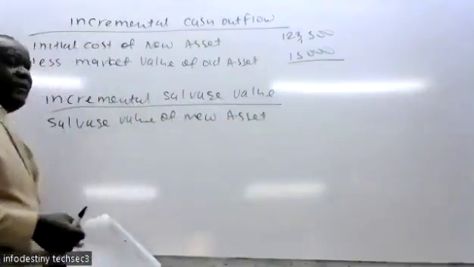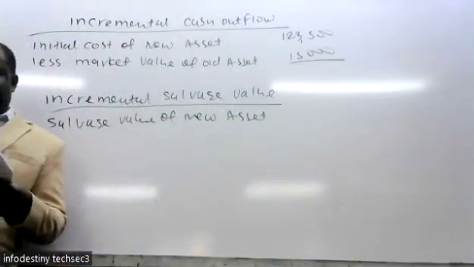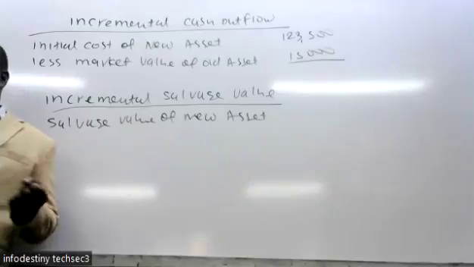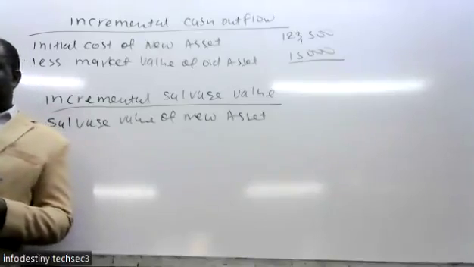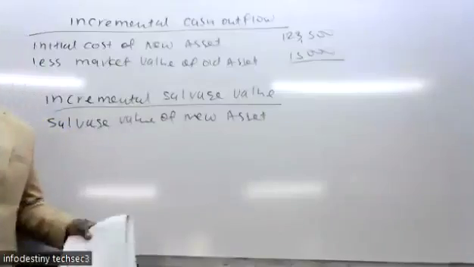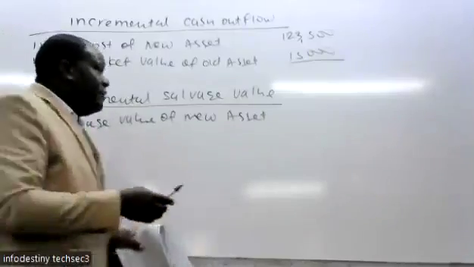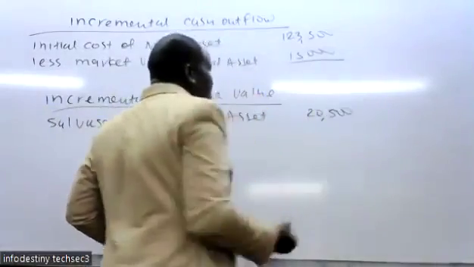So for the salvage value of the new asset, I want you to check in the second paragraph where they say that RAM Limited is considering acquisition of the advanced model, which was to cost 123 and has a salvage value of 20,500. So the salvage value is given as 20,500.